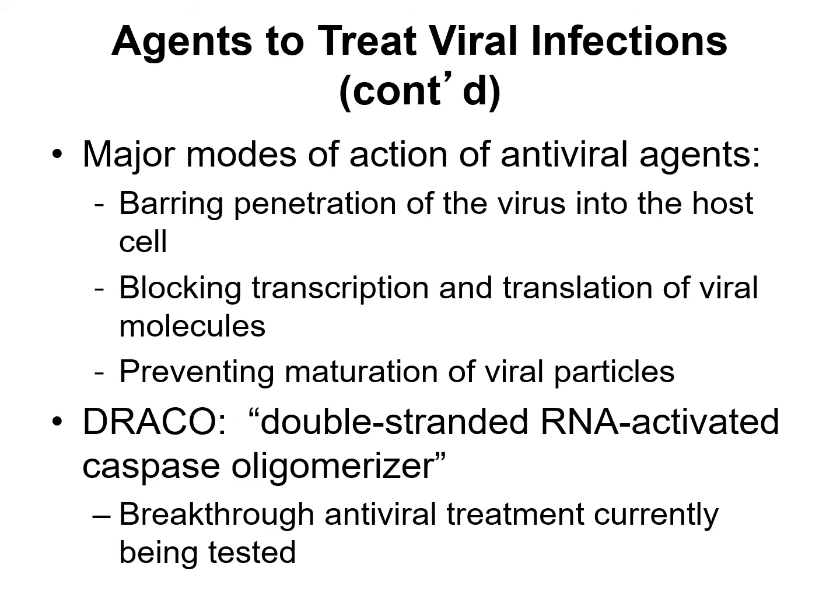So the major modes of action of antiviral agents are barring penetration of the viruses into the host cell, blocking transcription and translation of the viral molecules, and preventing maturation of the viral particles. DRACO, or double-stranded RNA-activated caspase oligomerizer, is a breakthrough antiviral treatment currently being tested.